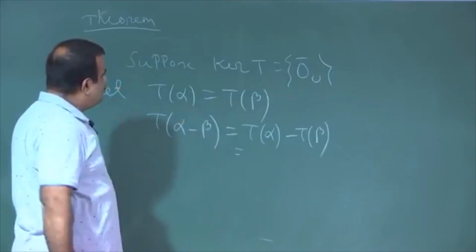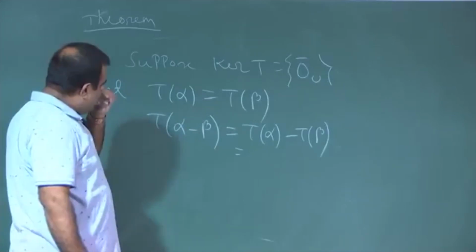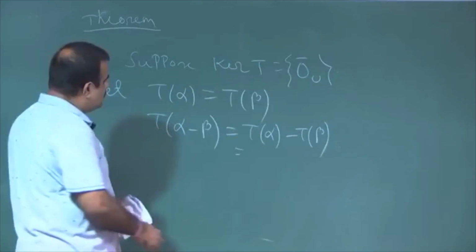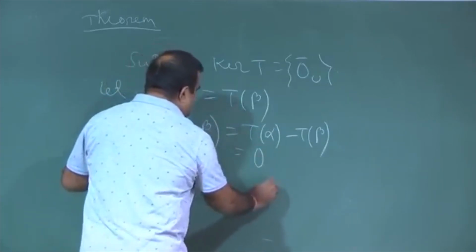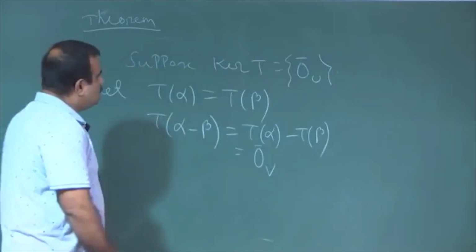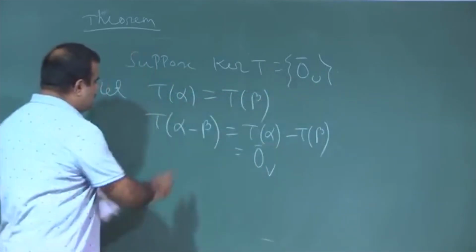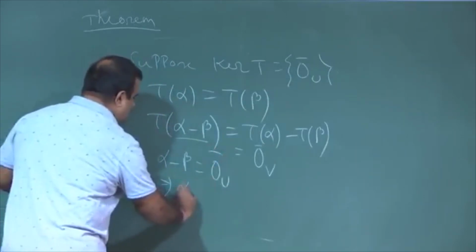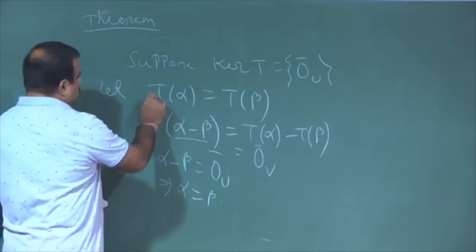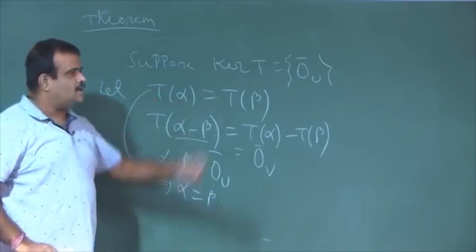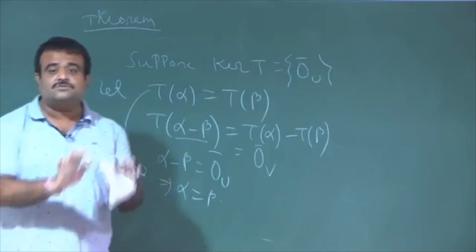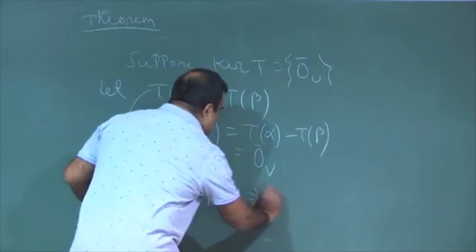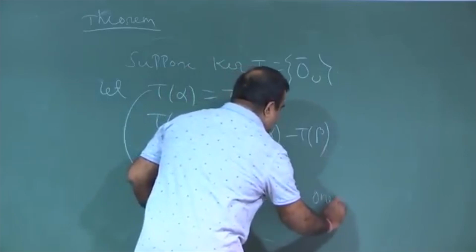Now these are the same, so this will give us the 0 vector of V. Now, we know the kernel consists of only the 0 vector, so alpha minus beta must be equal to 0. So, this implies alpha is equal to beta. So, T of alpha equal to T of beta implies alpha is equal to beta, and this is true for all alpha and beta. So, this implies T is 1 to 1, or injective.